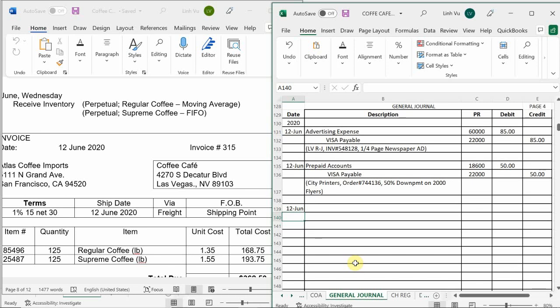Perpetual inventory. What account am I going to use? Receivable. No, a receivable is when customers pay you and they owe you.